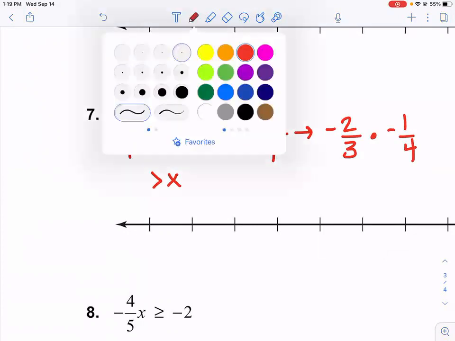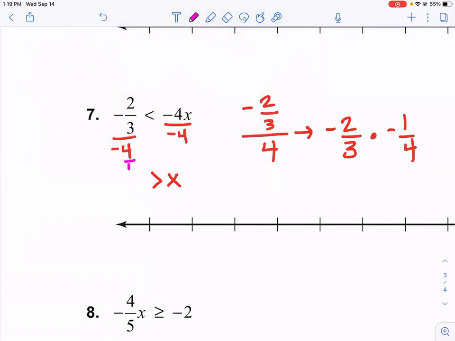So this is like 4/1. So keep, change, flip. It never goes away, Estelle. When I take -2/3 and divide it by -4, it's the same thing as taking -2/3 and multiplying by -1/4. We get 2/12, which is the same as 1/6.